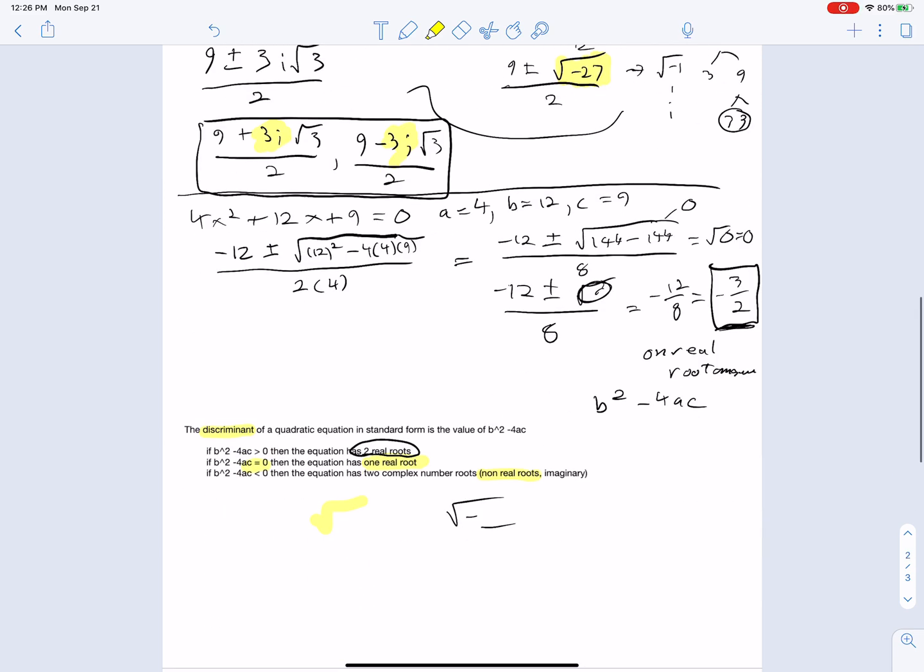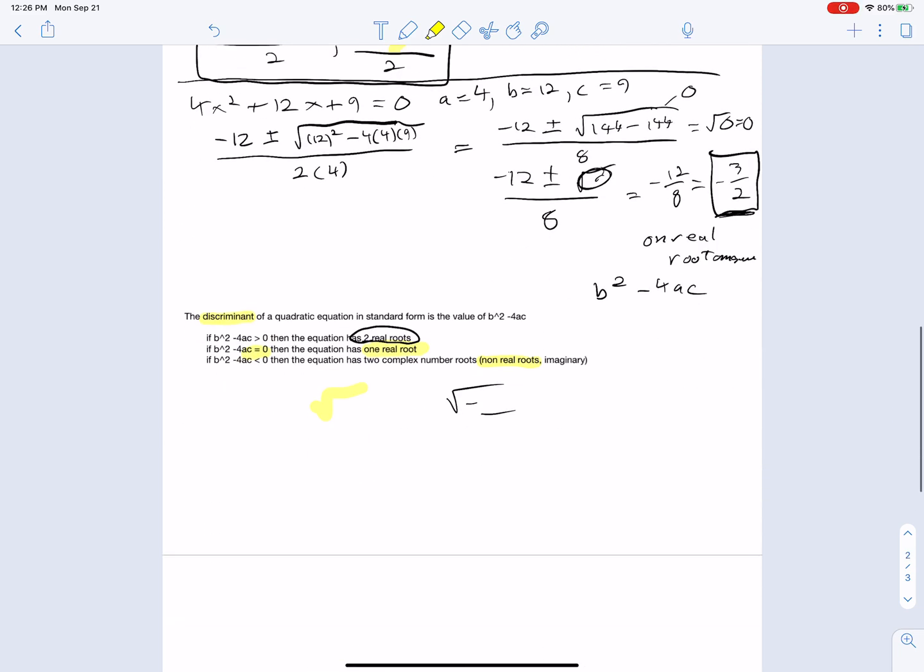So as we're looking at these equations, we can immediately look at an equation, 15x squared minus 3x minus 42 equals 0. We can look at this and we can say, okay, we're going to take b squared and plug into b squared minus 4ac.